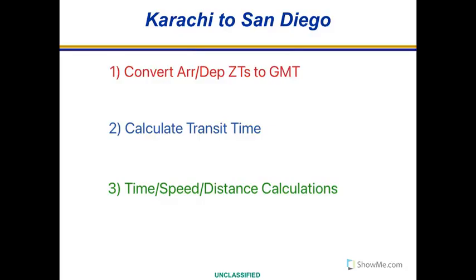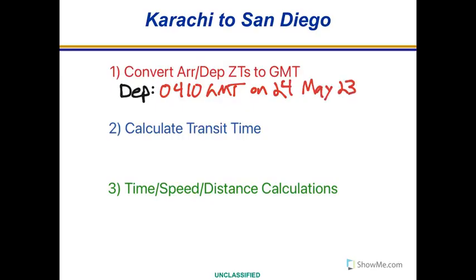So there we go. We just converted our arrival and departure zone times into GMT. We determined that we will depart Karachi, Pakistan at 04:10 GMT on 24 May 2023, and we need to arrive in San Diego at 02:45 GMT on 20 June 2023.